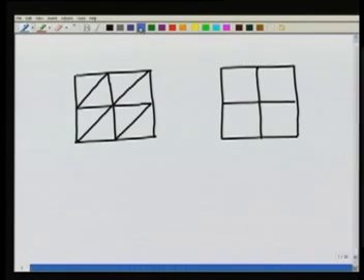And the convention we had followed: this is my boundary edge 1, boundary edge 2, boundary edge 3, boundary edge 4, same thing.